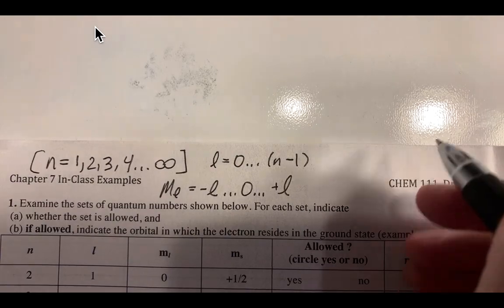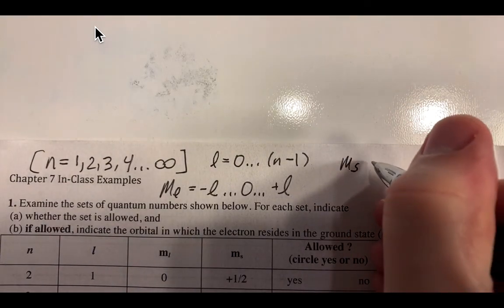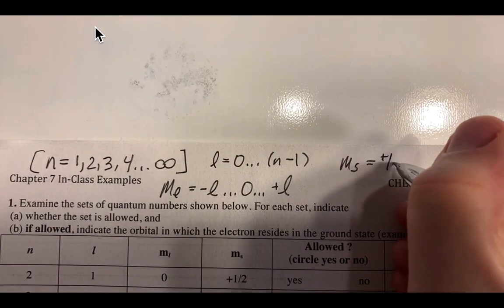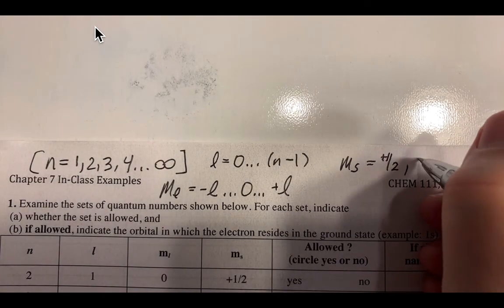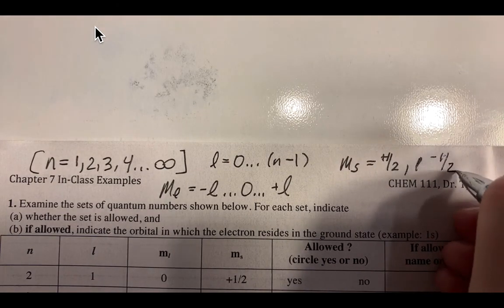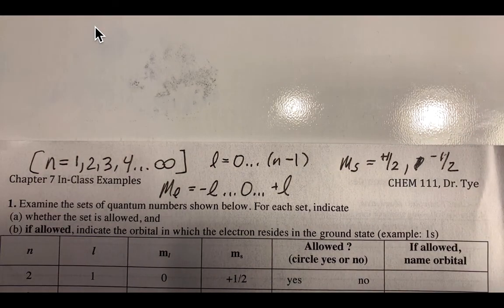Then finally, very important but less exciting, is m sub s, which can have values of plus 1/2 or minus 1/2. Only those two values are possible.